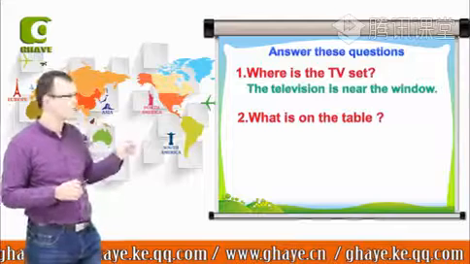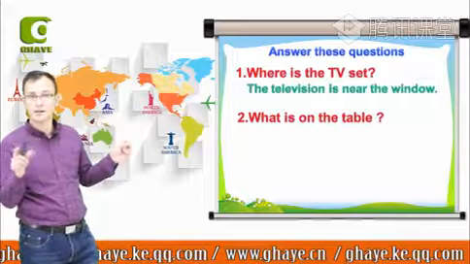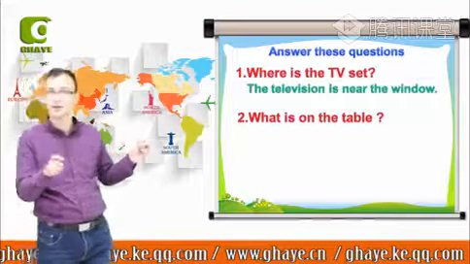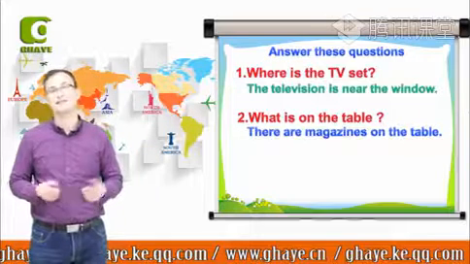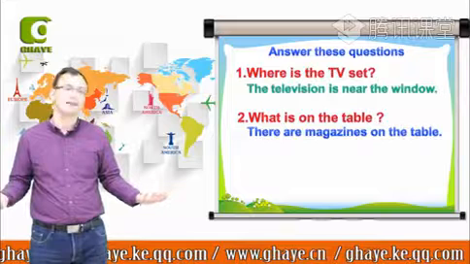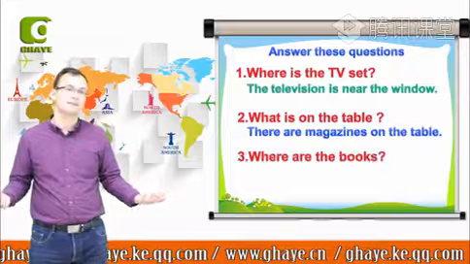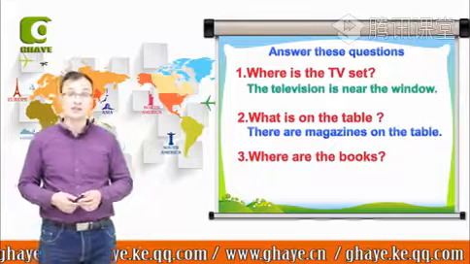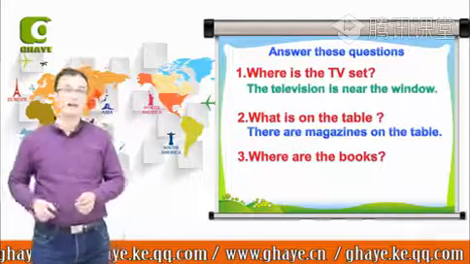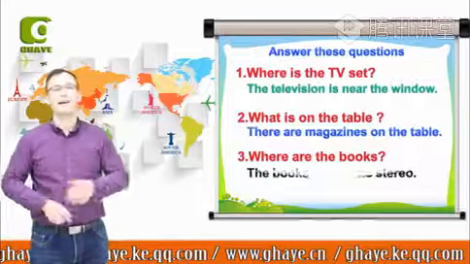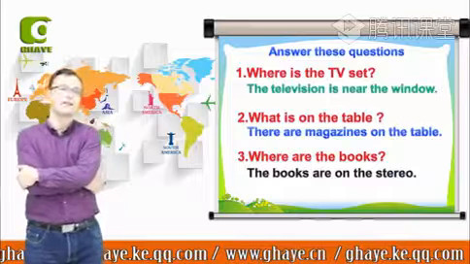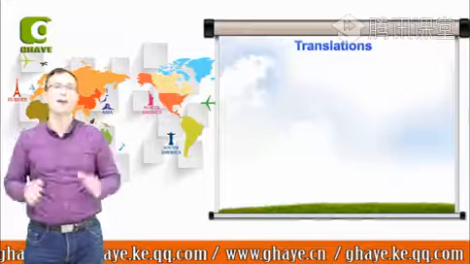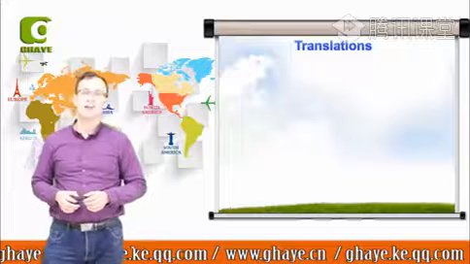There are some magazines on the table. So, where are the books? The books are on the stereo, right? Our next one is translations.